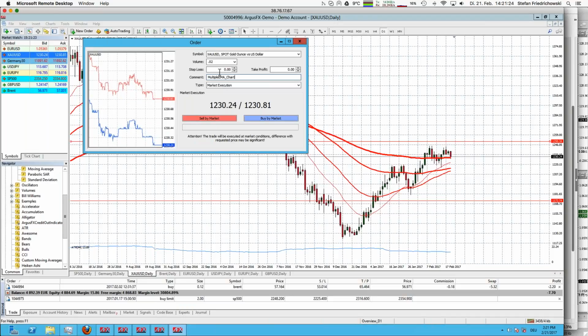Stop loss should be at 1250.34, and take profit should be 1172.1. And that's now the complete trade, and we can place that order.